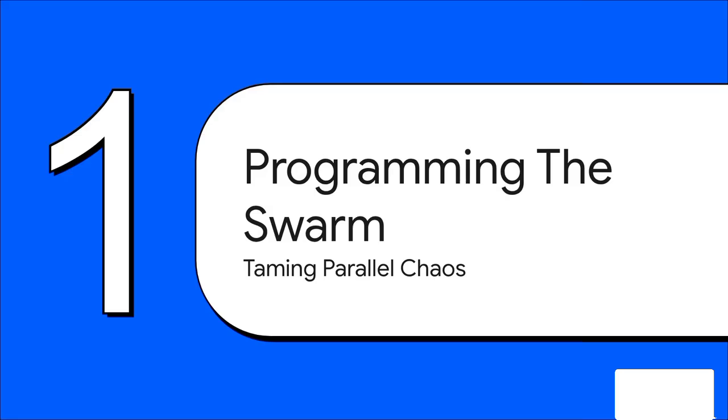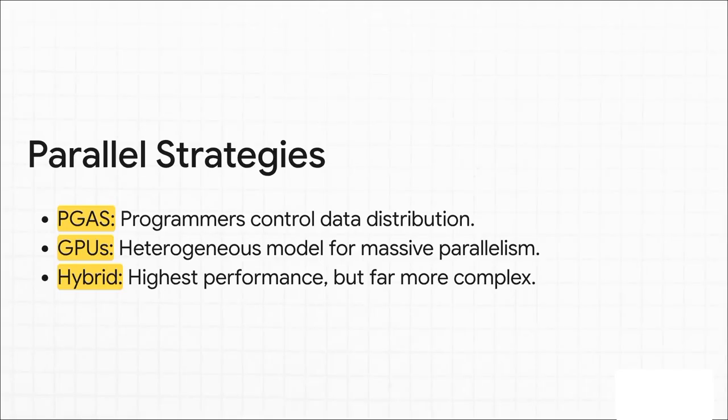So, if the hardware itself gives us these massive challenges, how do developers even begin to deal with it? You can't just write code and cross your fingers. You need real strategies to manage this swarm of cores and make sure all the data gets where it needs to be. This is where you get into the real art of parallel programming. And developers have a few different weapons of choice.